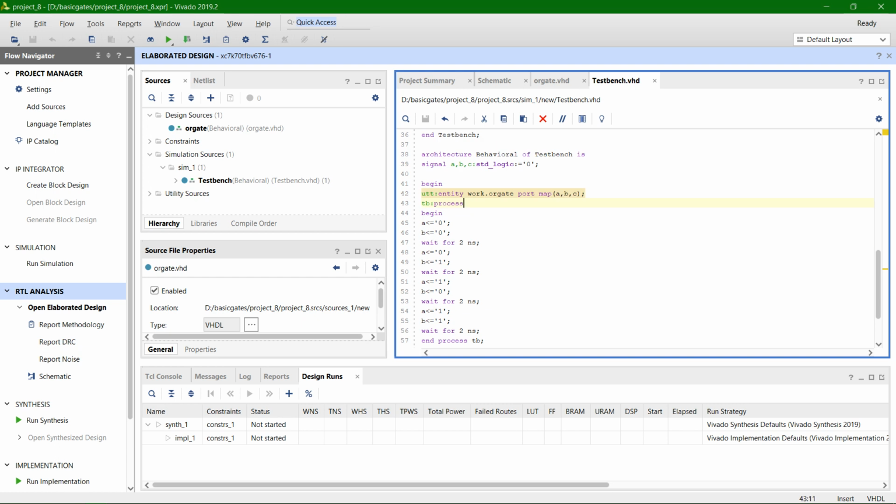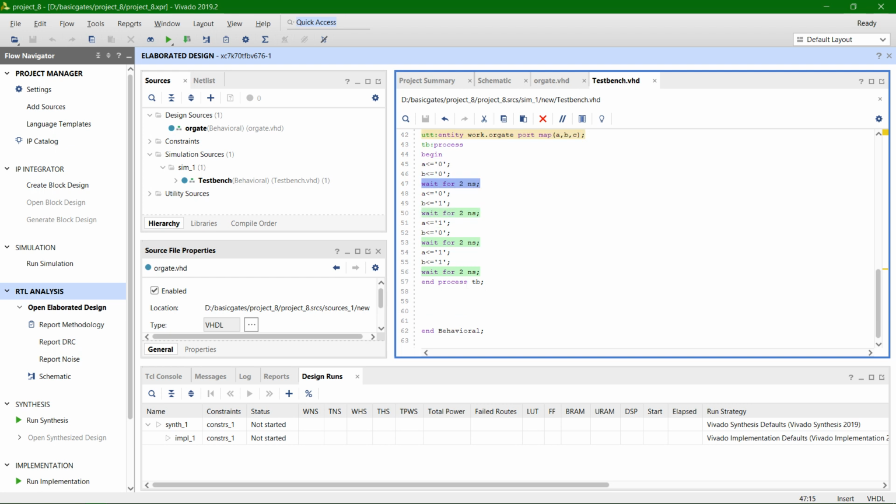And then after beginning the process, I have given the four possible inputs that we could provide to my OR gate, which I have already seen in that truth table. I have also provided a 2 nanoseconds time delay after providing each input, so that we could have some square waves which will be easy to understand. And as I have already told you, whatever starts has to end.